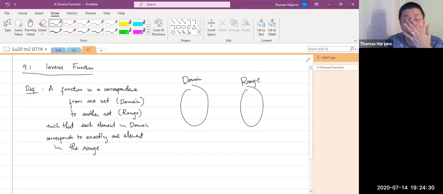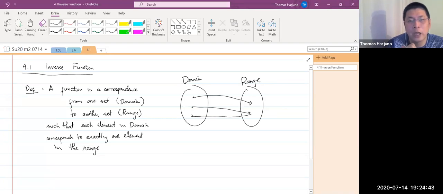Then any element you have in the domain will correspond to exactly one element in the range. So basically, from each element in the domain, there will be one arrow coming out from each element here. That's for a function.